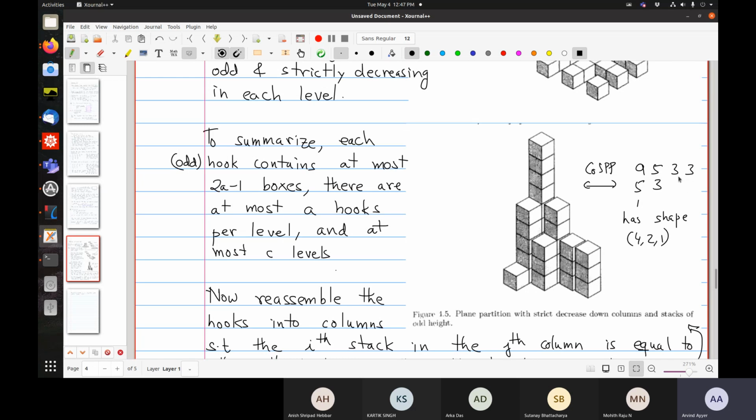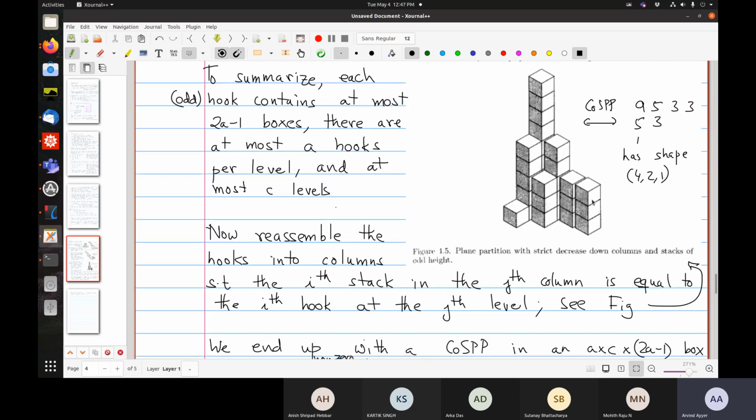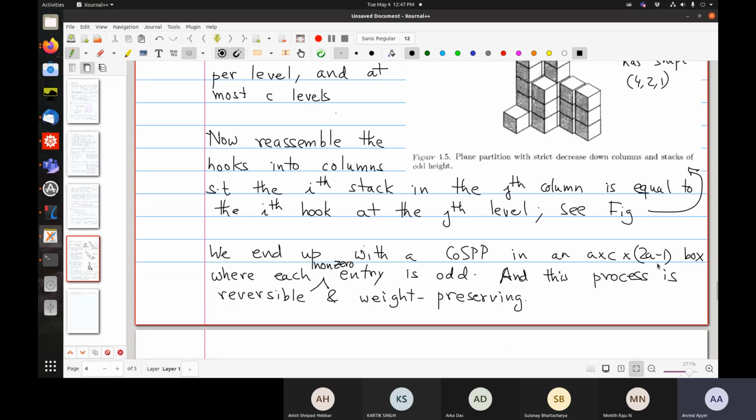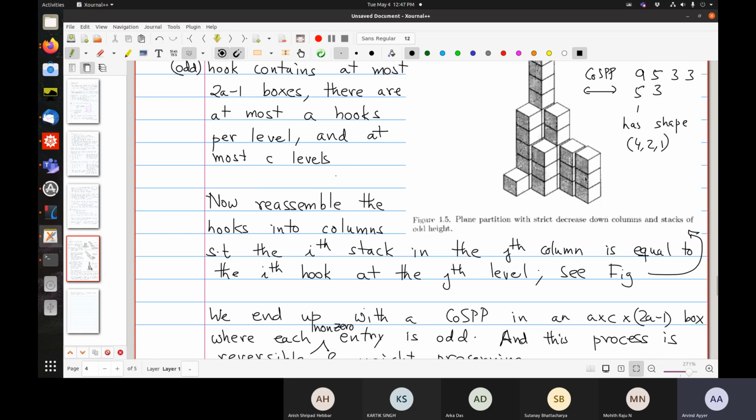If I look at any such co-SPP which sits inside an A by C by 2A minus 1 box, I write it in this tableau form, and I have to add 1 and divide by 2, because I don't want to make this a 0, because there are already zeros hanging around.